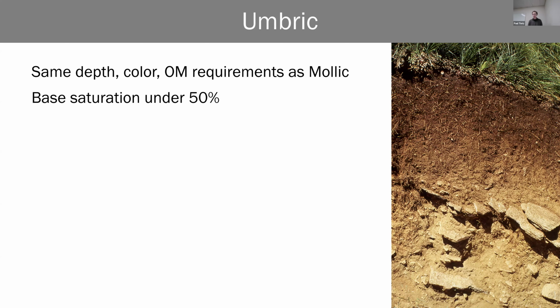A little different land management and land use than the Palouse, but sometimes their base saturation would drop under 50%, and then that would reclassify a lot of soil profiles into the umbric epipedon and change the taxonomy of them. Anywhere base saturation is generally low. In our part of the world, it's pretty safe to assume that the base saturation is over 50%.